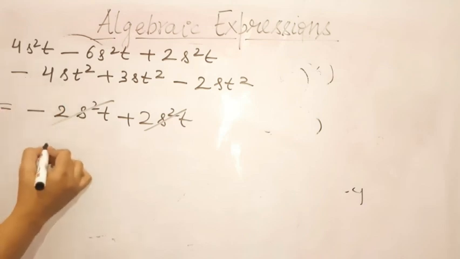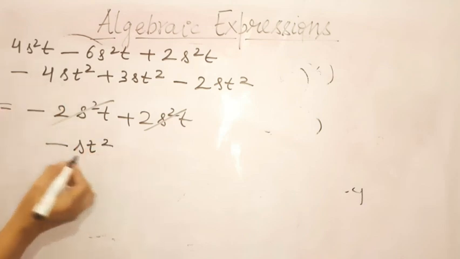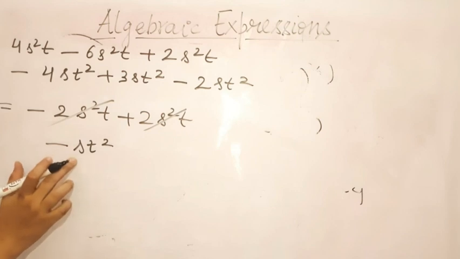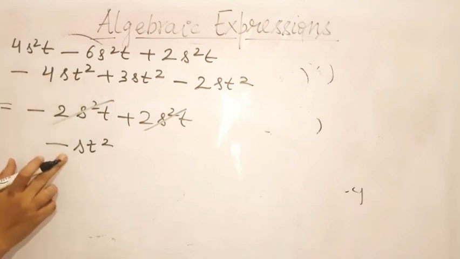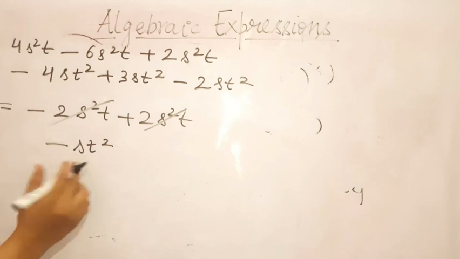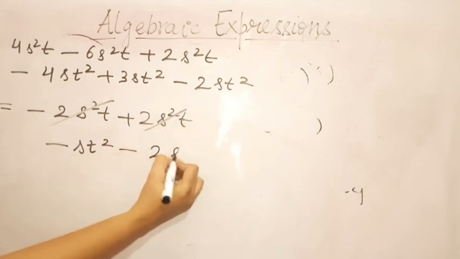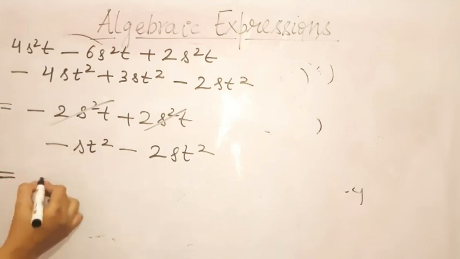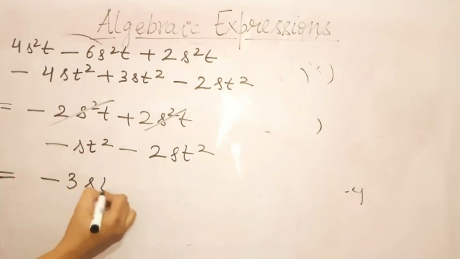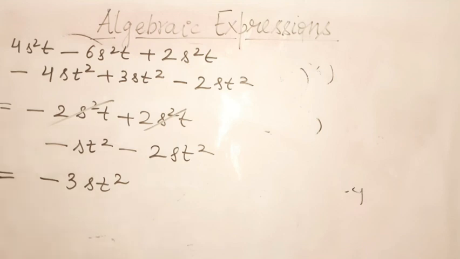So here what will be left? Minus st², because 4 minus 3 is 1, that is minus 1, because 4 is greater than 3, so I give it a negative sign. Now minus st² minus 2st²: minus minus plus, but the sign will be negative. So the final answer is minus 3st².